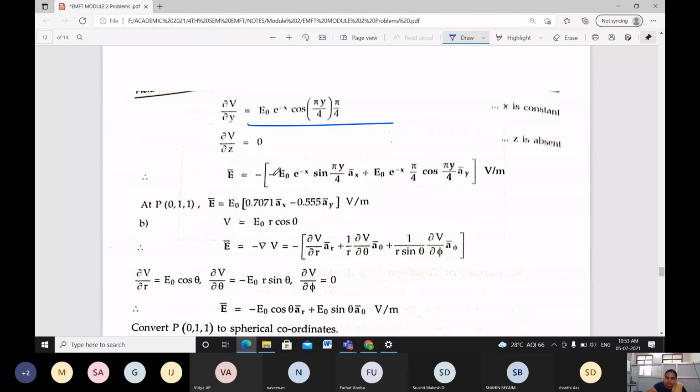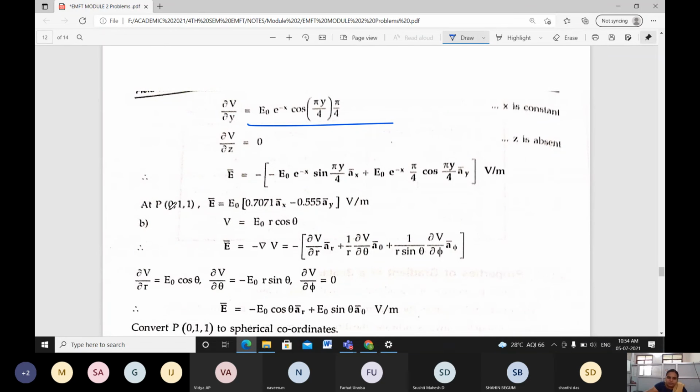Minus of minus E0 e raised to minus x sin(πy/4) ax plus E0 e raised to minus x (π/4) cos(πy/4) ay volts per meter. At point P(0, 1, 1), if I substitute here, then E is going to be E0 times 0.0701 ax minus 0.555 ay volts per meter.